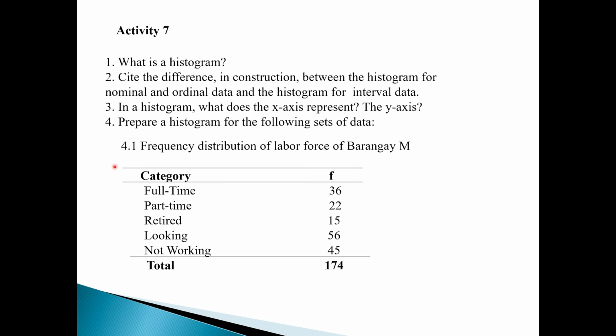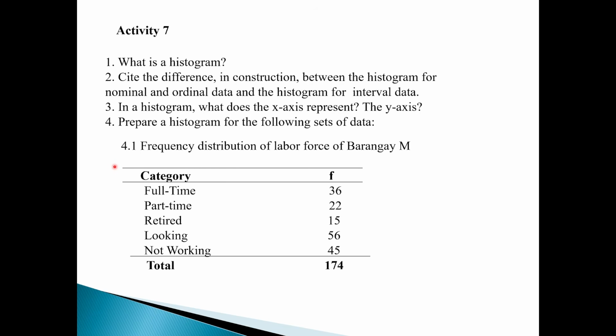Instead of the categories or your class boundaries, what you will plot on your x-axis should be your class mark, okay? So in a histogram, what does the x-axis show? It's the same, okay? Your x-axis should be your categories, your y-axis should be your frequency, okay?